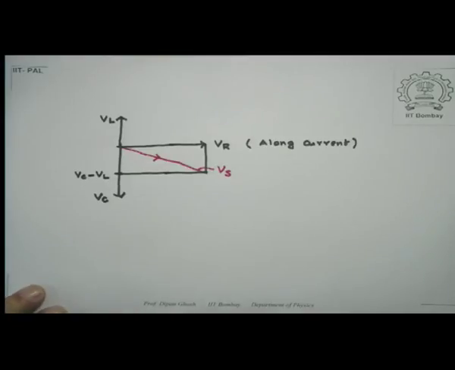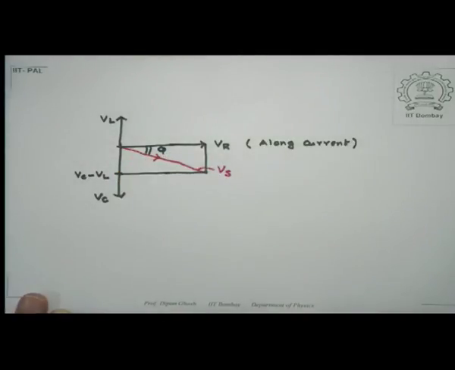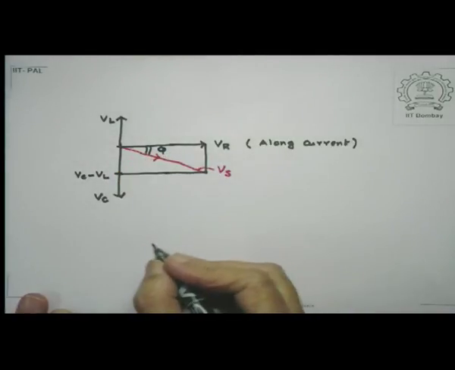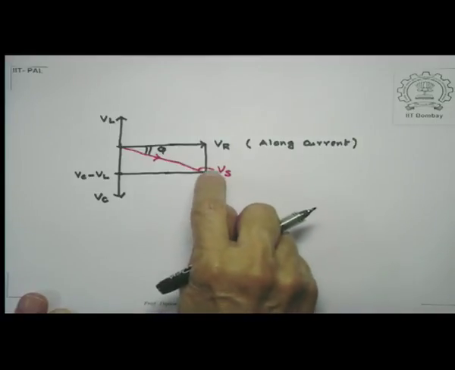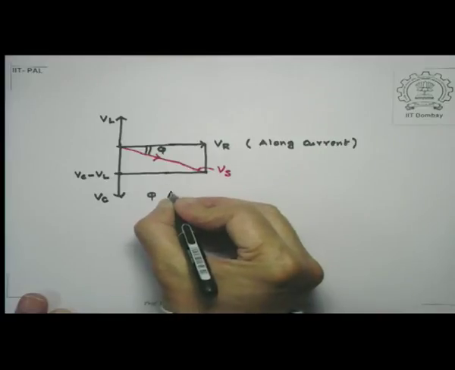And of course, this rectangle would be in the upper half plane if my VL were greater than Vc. Now, this angle phi is the angle by which the supply voltage lags the current.